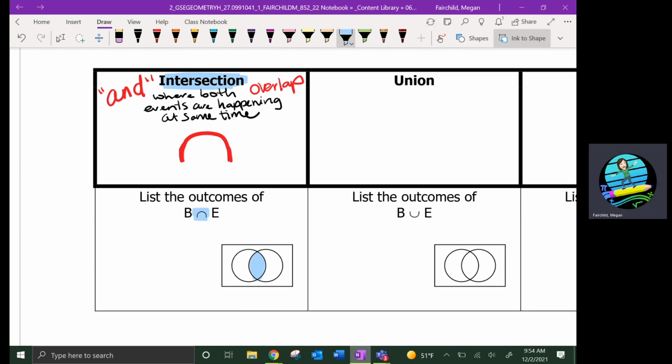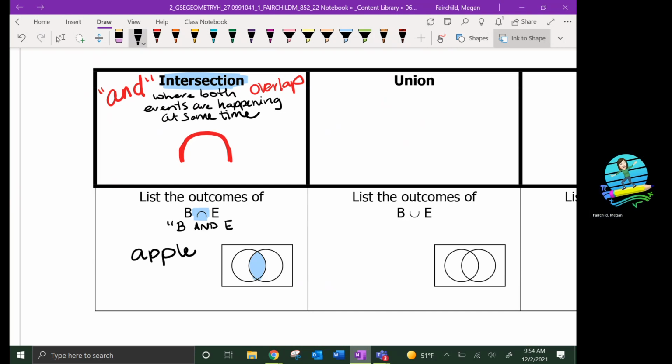Y'all with me? Okay. So what was in that little sliver in the middle? That was just apple, right? When it says list the outcomes of, this is read as B and E. So think of intersection as and, where they overlap.